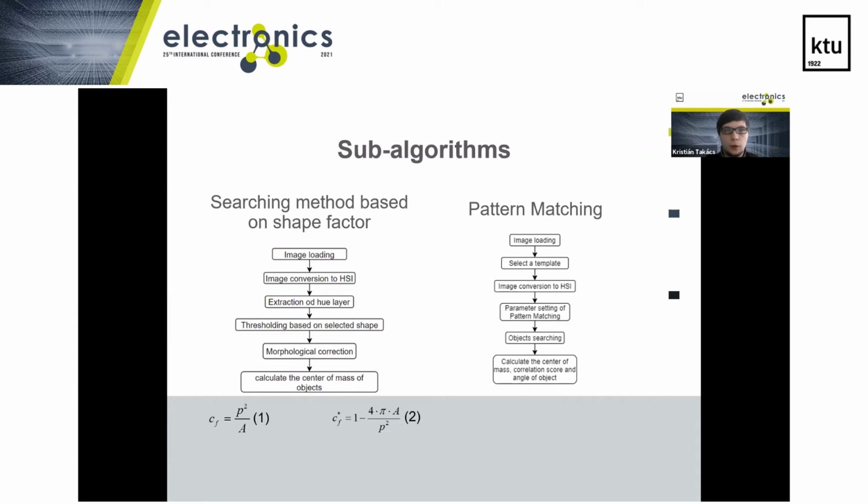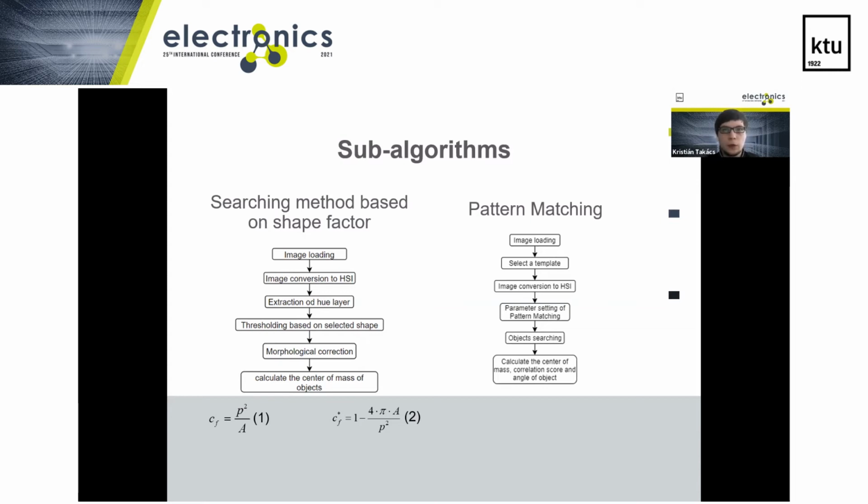Based on the value of normalized compactness, the subalgorithm is able to define the selected object. The shape factor computes the compactness of each object segmented from the image based on equation 1. But to normalize these values to the interval from 0 to 1, we often use a formula for normalized compactness based on equation number 2.